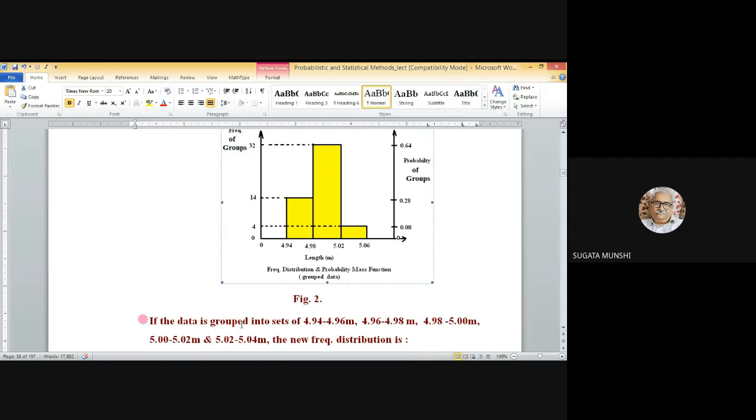If you split up into smaller groups, it will get smoother, this plot.